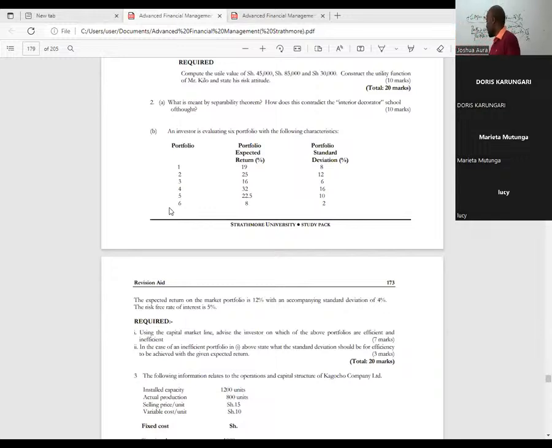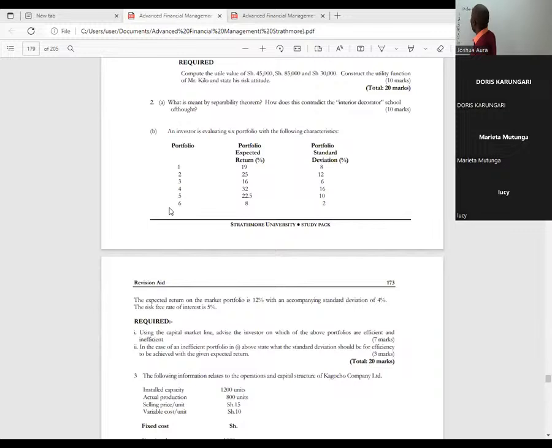Let's get the portfolio returns using this equation. I have my portfolios 1, 2, 3, 4, 5, 6 there, and I would want to get the portfolio returns for each one of them.